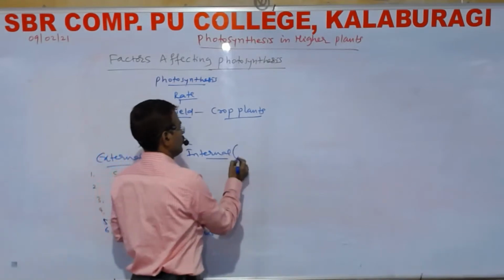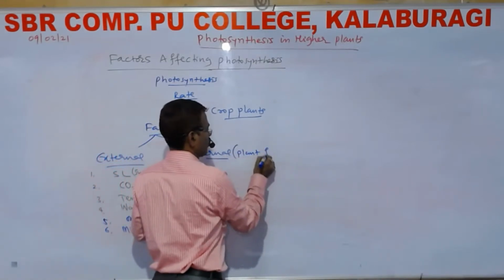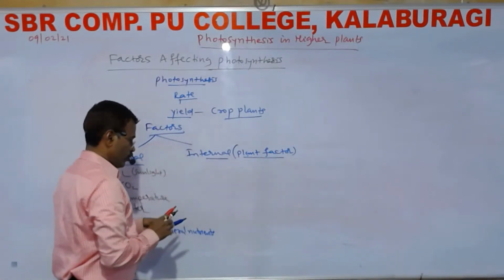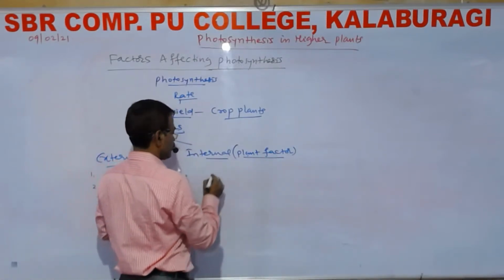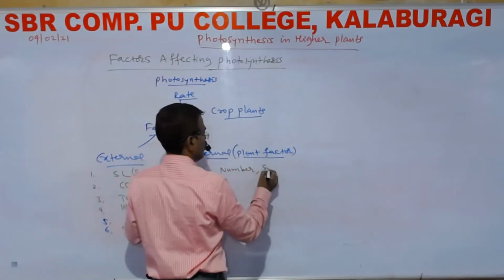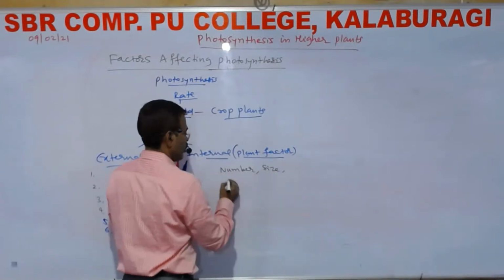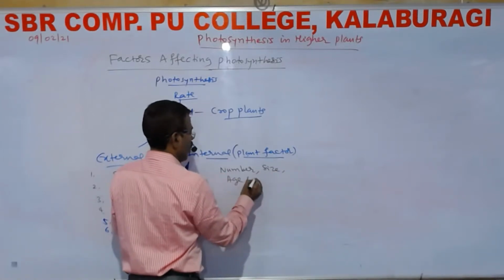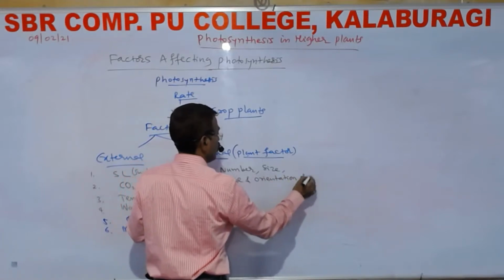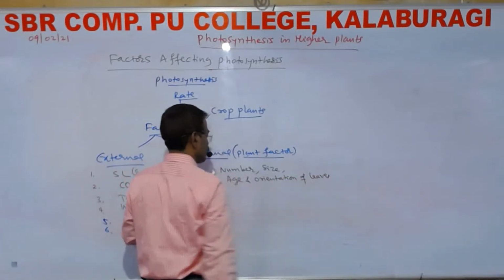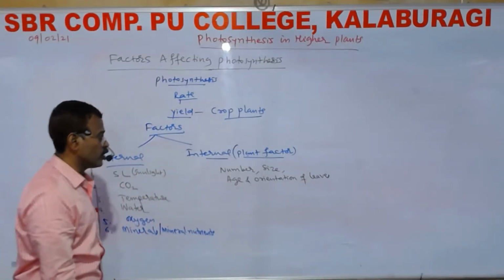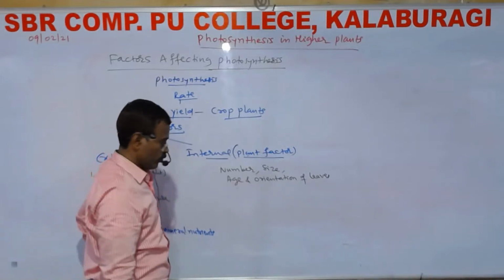So these are plant factors. So here you have number, size, age, and orientation of leaves. Number, size, age, and orientation of leaves.